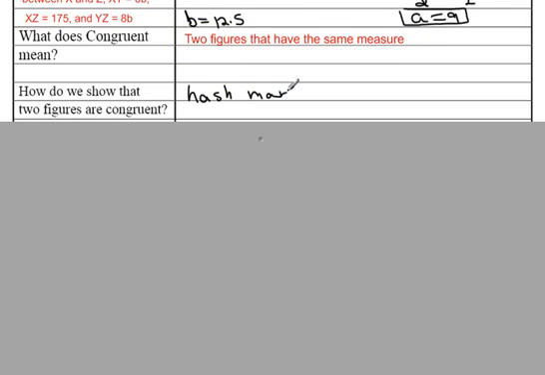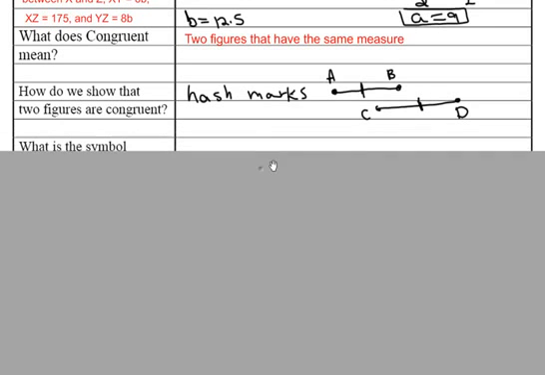So for example, if I had two segments, let's say segment AB and segment CD, and they were both exactly the same length, I would put a hash mark here and a hash mark here. And because they each have one hash mark, they are congruent to each other.